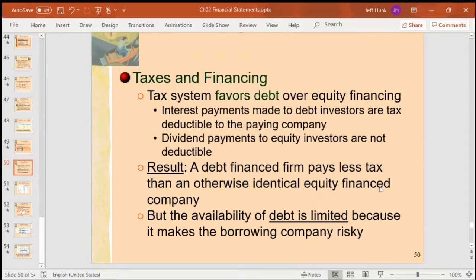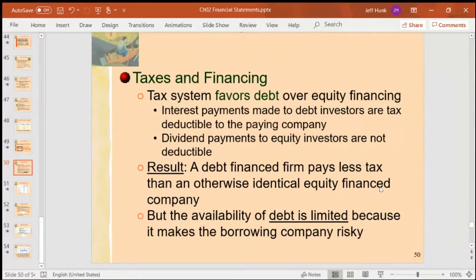The optimal capital structure is not necessarily 100% equity, but something like 30% debt, 70% equity, or 60% equity, 40% debt.